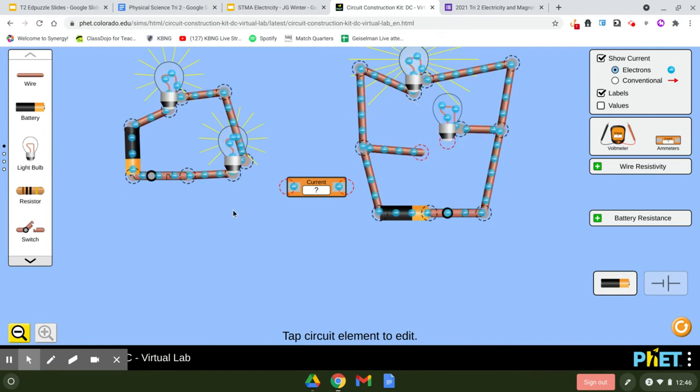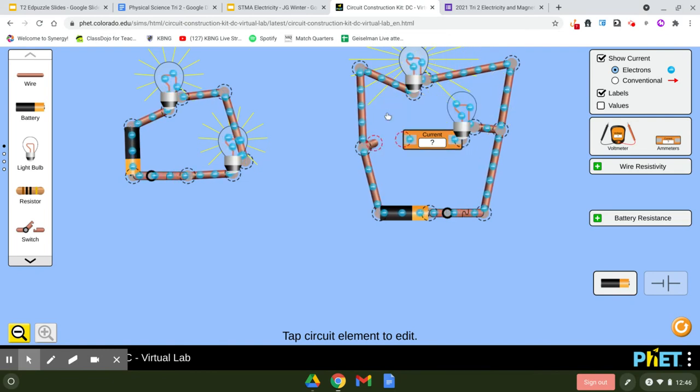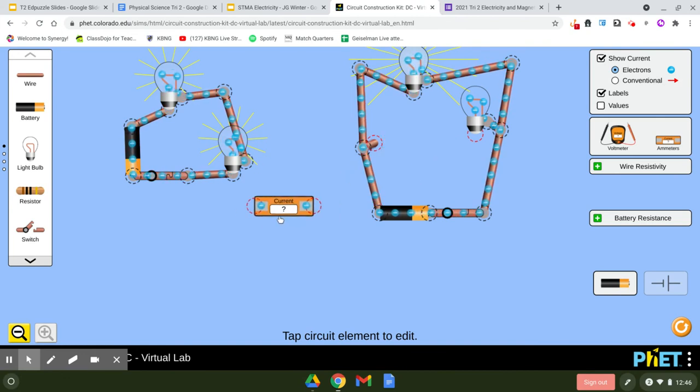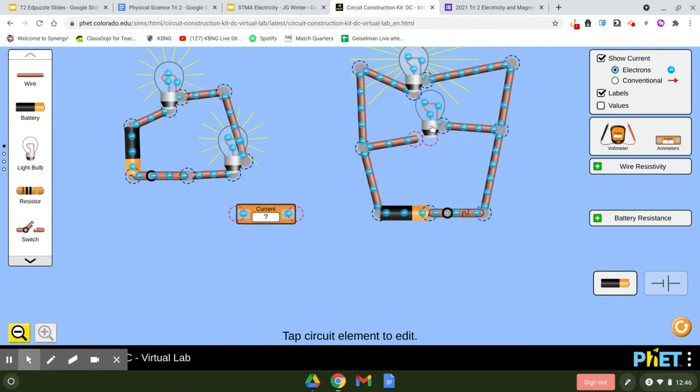Remember, an ammeter is used to measure current. So if I stick the ammeter in, I can measure the current, 0.9 amps. Because the other light is as bright as this one, it is getting the same current. And you see that adding this light back in does not change the brightness of that bulb.